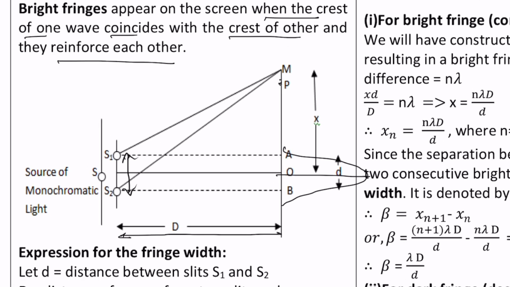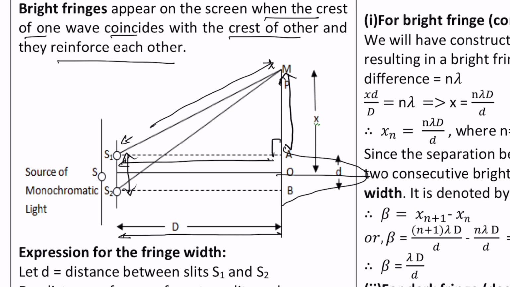This is S1P. S1P square is equal to S1A square plus AP square, by the Pythagoras theorem.